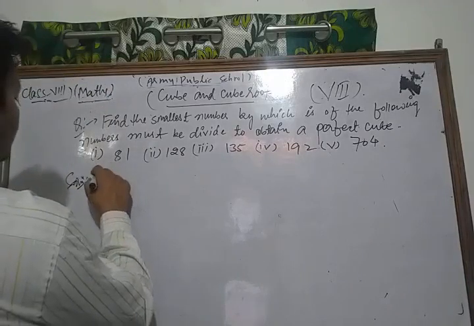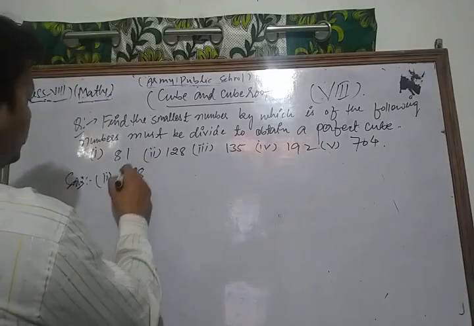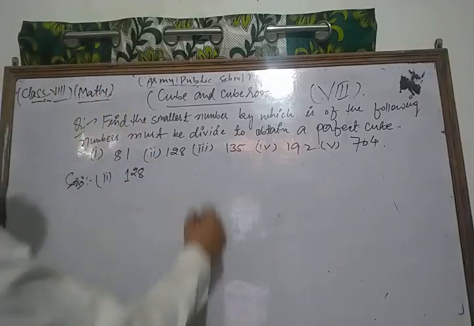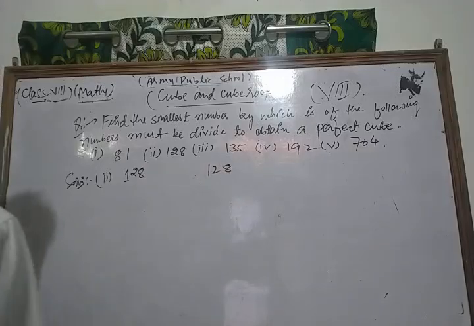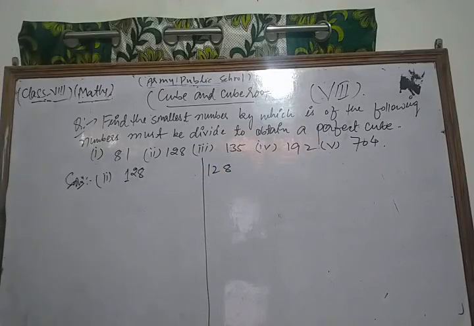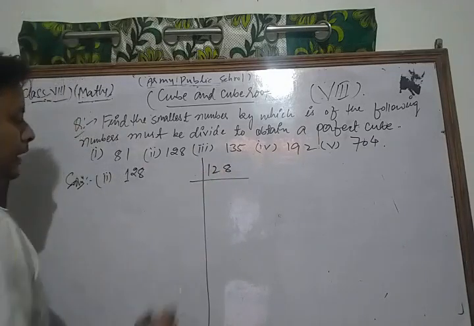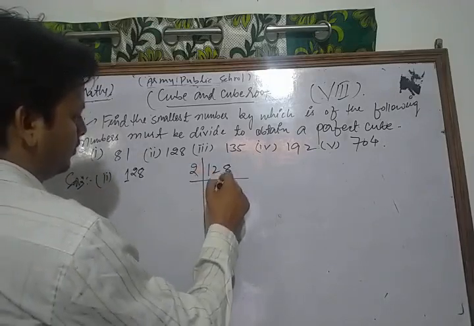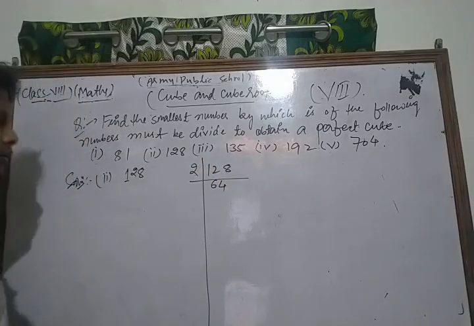Now we take the second part, which is 128. Now we do their prime factorization. Now by 2, 2 sixes are 12, 2 fours are 8.